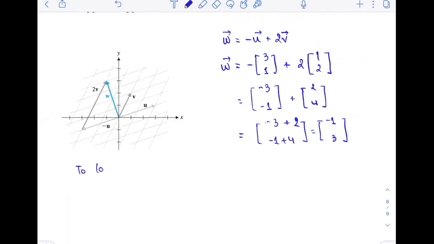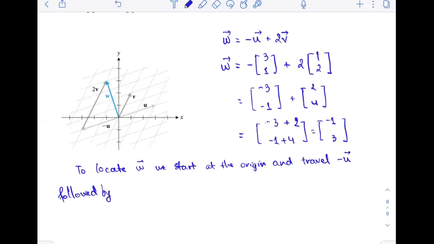To locate W, we start at the origin and travel negative U followed by 2V. Starting at the origin, you travel negative U followed by 2V, and this is where you get W.